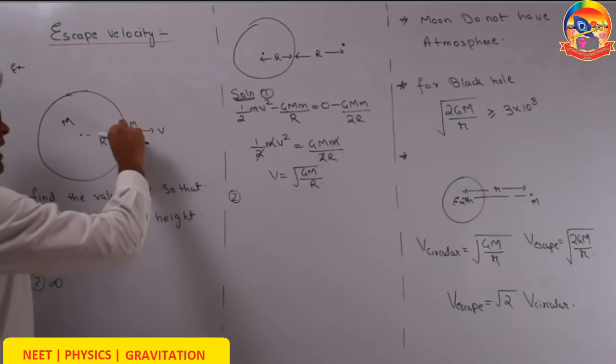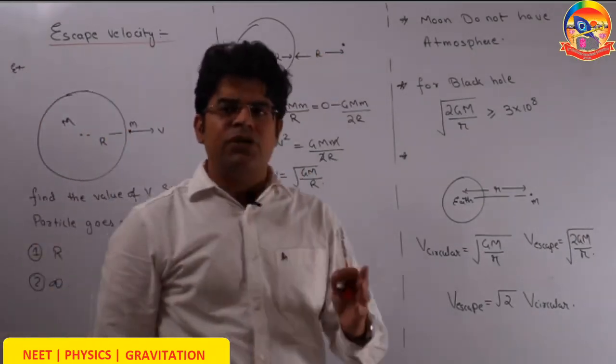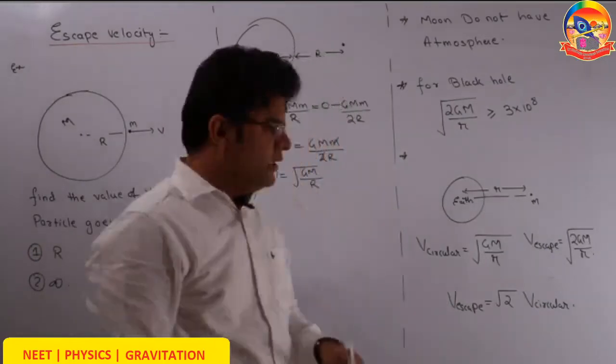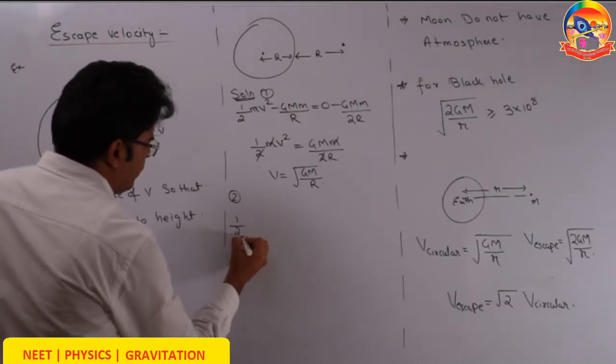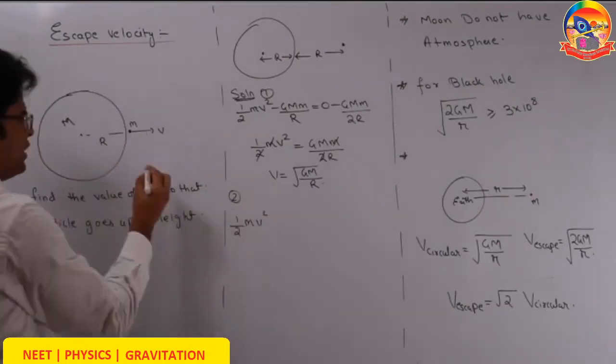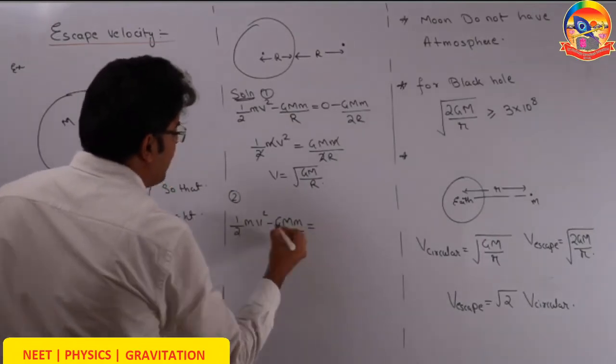If we want the height to become infinite, it means that the particle escapes the gravitational influence of Earth. Again we will do the same thing: initial kinetic energy, half mv square, plus initial potential energy, minus GMm by R, equals final kinetic energy.